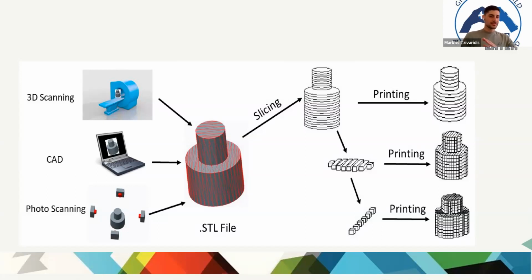Finally, the slicer creates a G-code file with the information of those pieces, let's say. And this file will be inserted to the 3D printer, and finally, we can start printing the object.